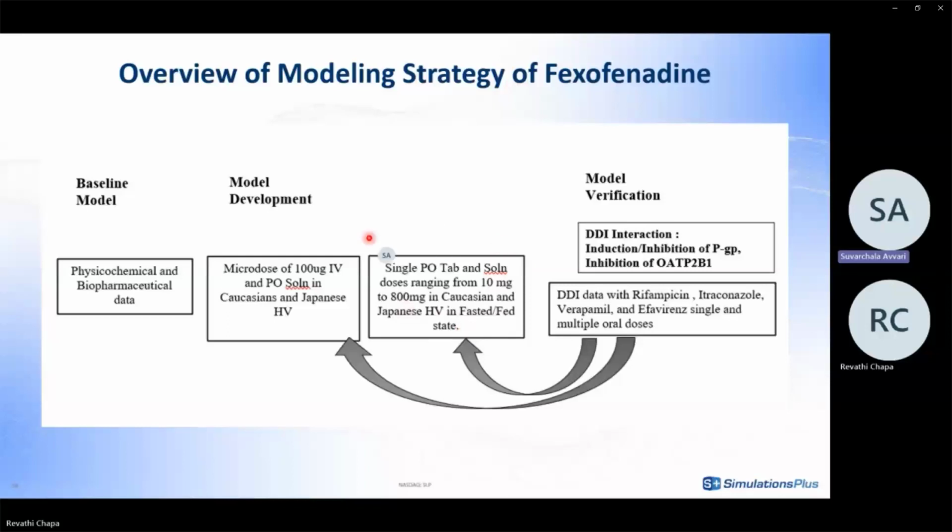Once the model was verified against single and multiple doses, the model verification for DDI mechanisms was carried out with rifampicin, itraconazole, efavirenz, and verapamil, single and multiple doses. And the DDI mechanisms that we have investigated here are the induction and inhibition of PGP and inhibition of OATP2B1.